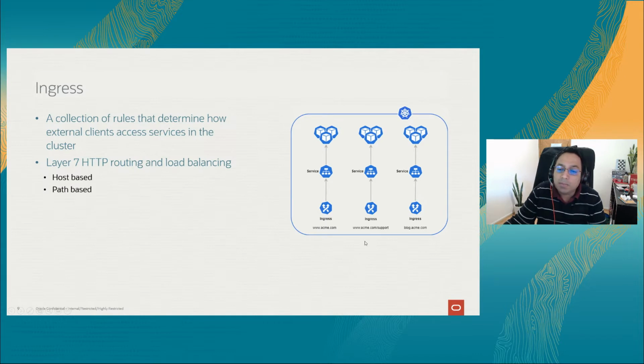It can also be based on path. So in the second use case, I'm now using the same domain, but I have a /support at the end, and I want to ensure that when I use this URL, my request is going to land on this set of pods. And then finally, you can combine the two.